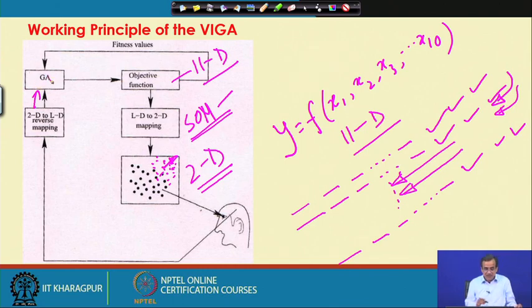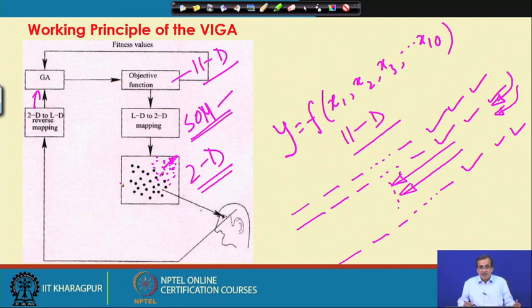Now, by doing this, actually what we are doing, we are going to help the GA to concentrate its search in a particular region where there is a possibility that you will be getting some globally optimal solution, and not unnecessarily concentrate on the other region. So, that type of information we are giving to the GA, and that extraction of the information is done using the problem information, or the information of the objective function.